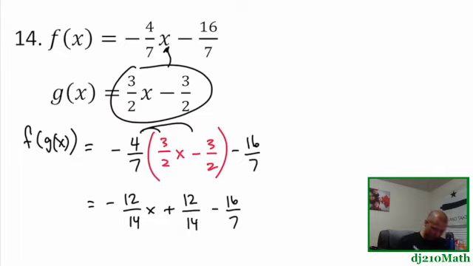All right, so combining some like terms here, or actually we can reduce this. If this reduces to 6 over 7, then we're going to get negative, look, this reduces also 6 over 7. So negative 6 over 7x minus 10 over 7.